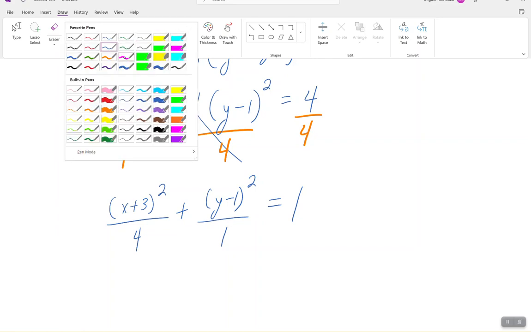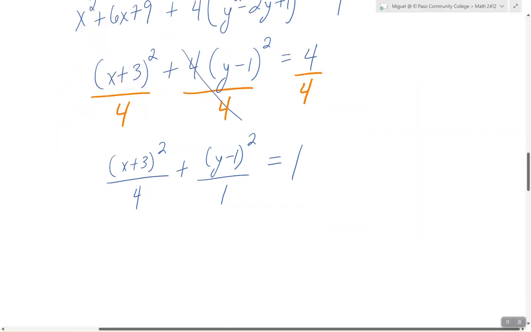Change colors here. So we know that this is a squared. We know that this is b squared. And they did talk about foci, so we will need to find c squared here. C squared is equal to a squared minus b squared.